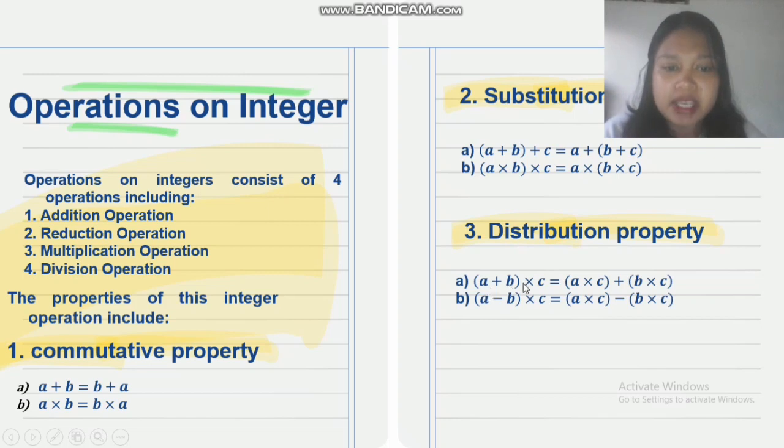A plus B times C equals A times C plus B times C. And A minus B times C equals A times C minus B times C.